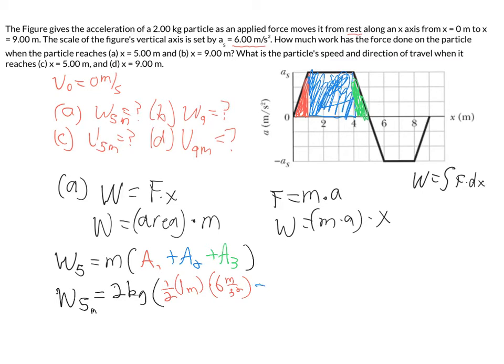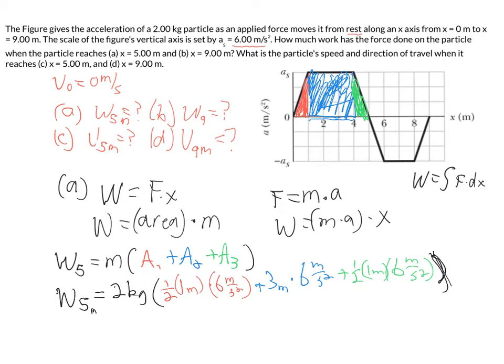And then we're going to do plus A2, which is just a rectangle. The base, let's see, we got 1, 2, 3. So 3 meters multiplied by 6 meters per second squared. And then lastly, we're going to add the third area, which is again 1/2 times 1 meter times 6 meters per second squared. So that's actually the same as the first one. Cool. Oh, that's supposed to be in parentheses.